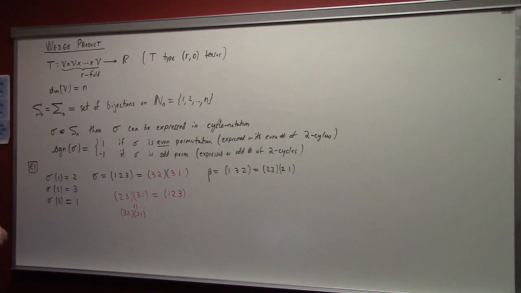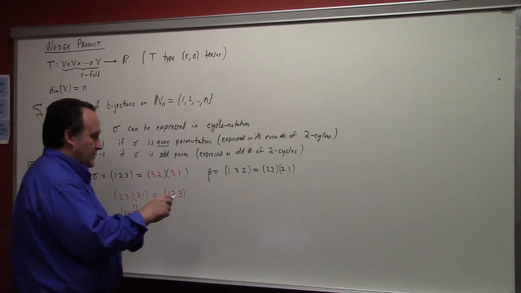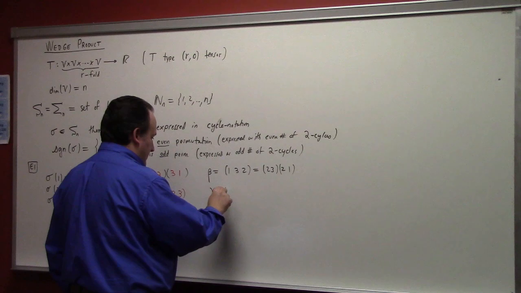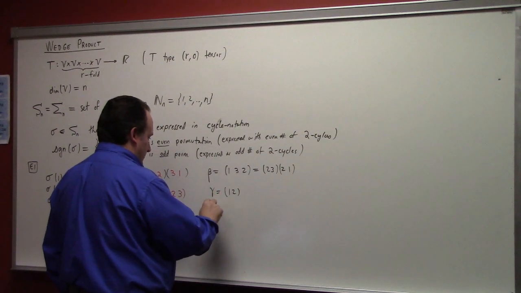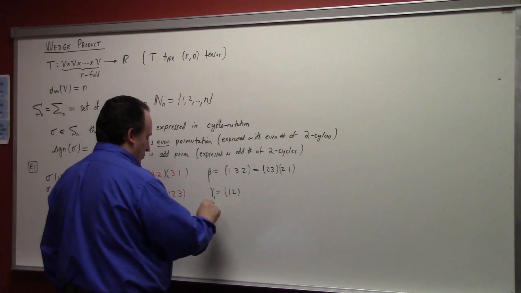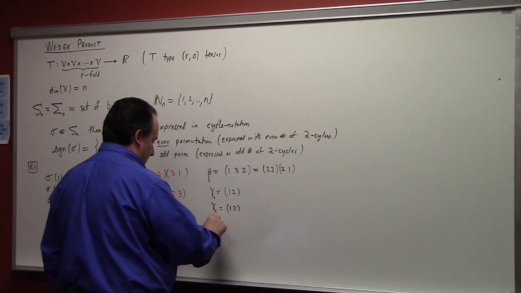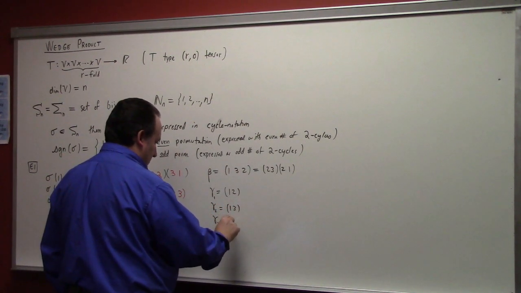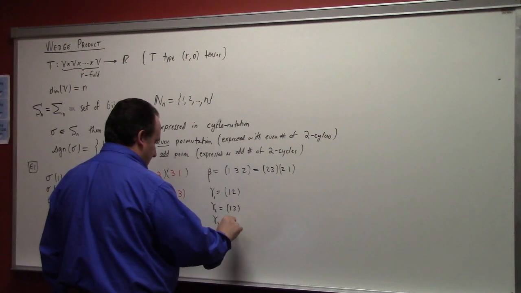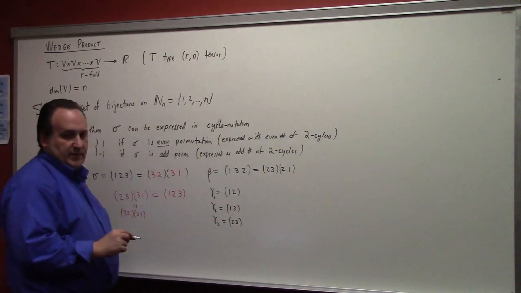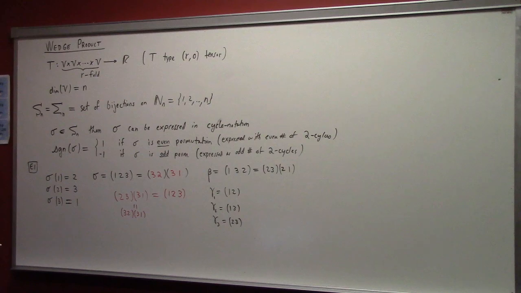Well, there's also, let's say, gamma is this one. I'll call it gamma 1. Gamma 2, this one. Gamma 3, this one. And those are all odd, right?